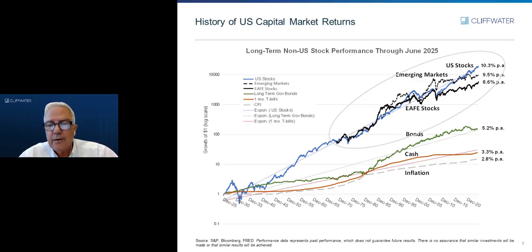And what this graph shows is basically, particularly if you look over the last 15 years, non-U.S. stocks have pretty much been flatlined. They've been resuscitated here so far in 2025. I think a lot of that, if not most of it, is just the fall in the dollar this year.